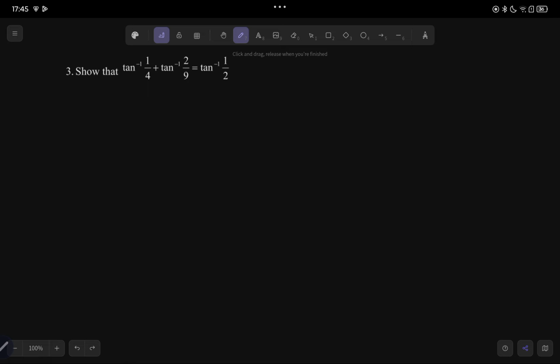We shall still begin with our left. Let each of them be some given letter. I'm saying let tan inverse of a quarter be P, which means tan P is a quarter.